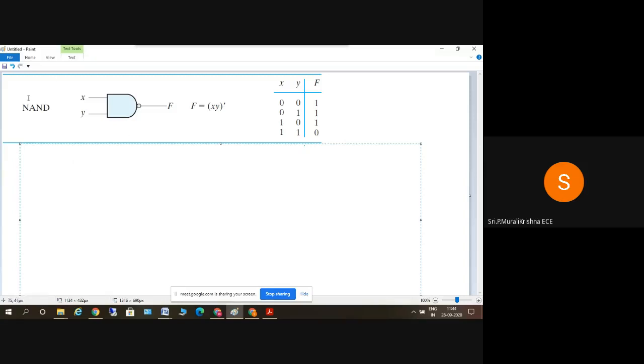Okay, and we'll draw a few conclusions here. A few major conclusions. You are clear with the truth table, right? So it is the inversion of AND gate. The major conclusions are, so check these two values, 0 0 and 1 1. So what happened there?